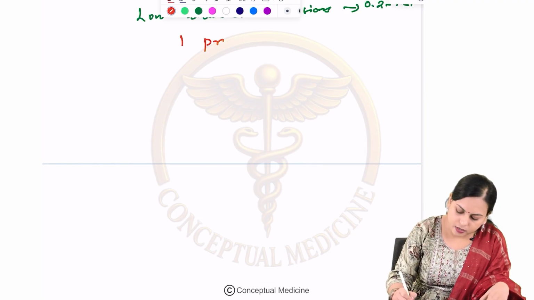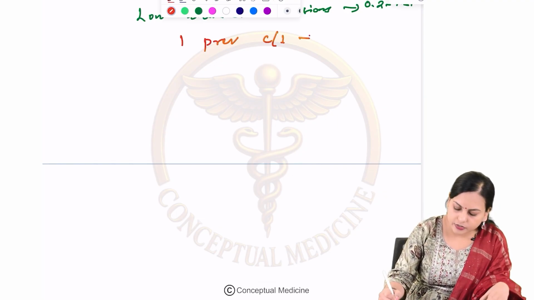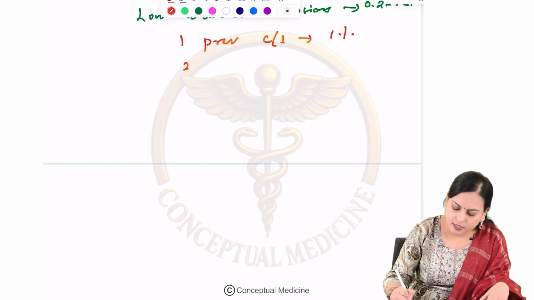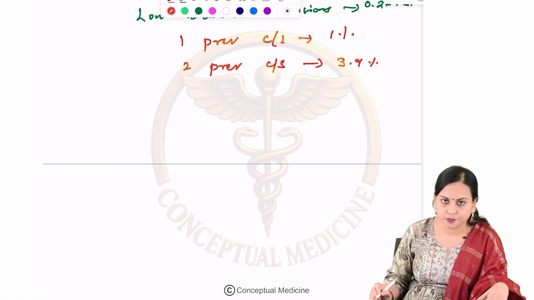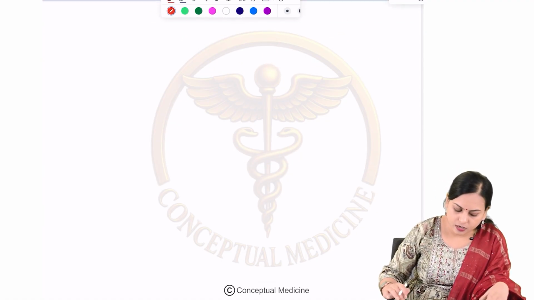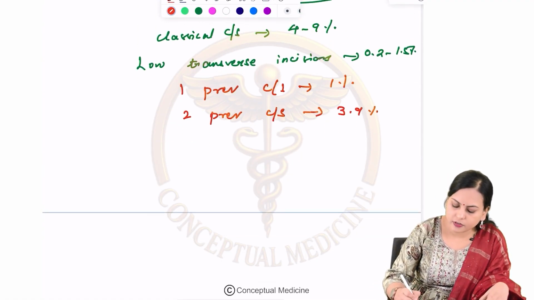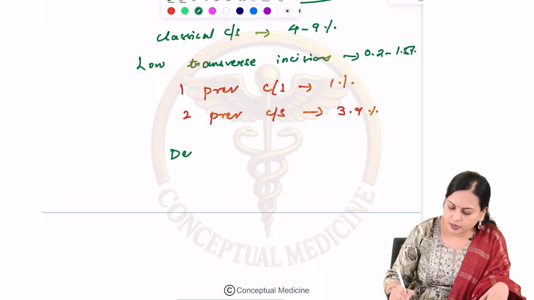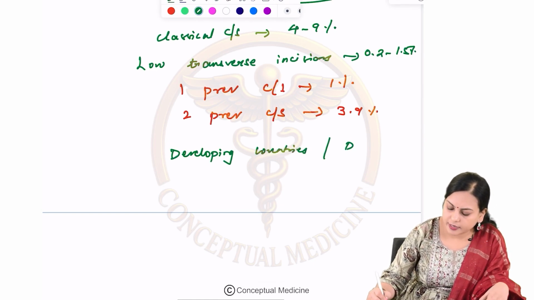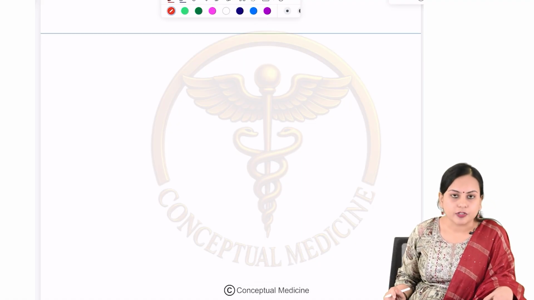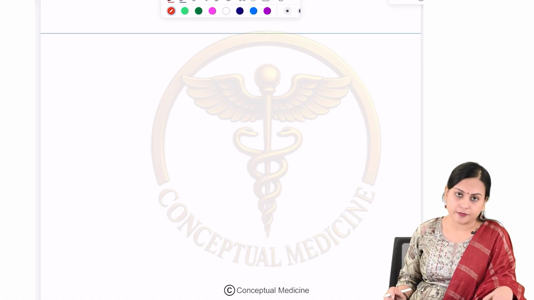So, when you have one previous cesarean section, there is 1% risk, and if there is a history of 2 previous cesarean sections, then the risk increases up to 3.9%. Clear? And the risk of uterine rupture is more in developing countries than developed countries, okay. Now, depending upon the timing of rupture, the site of rupture can also vary.